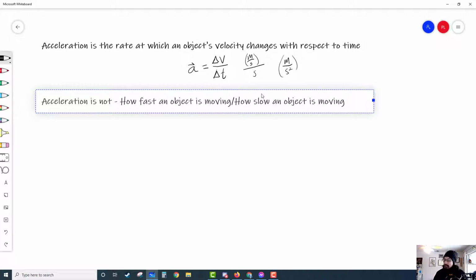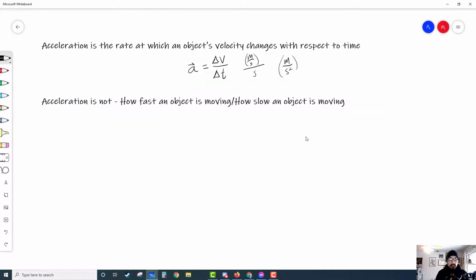That is not acceleration. How fast, how slow, this right here is the definition of velocity. It's very important to know this, especially because a lot of people use the terms velocity and acceleration like the same thing.